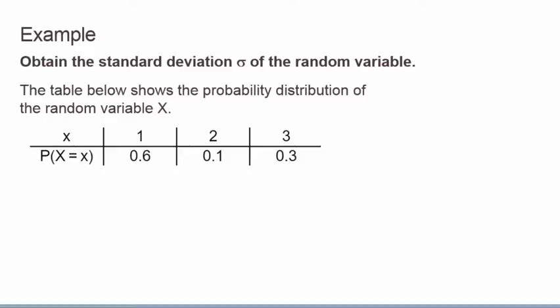Using our example where we have x equals 1, 2, and 3 and their respective probabilities are 0.6, 0.1, and 0.3, obtain the standard deviation sigma of the random variable.